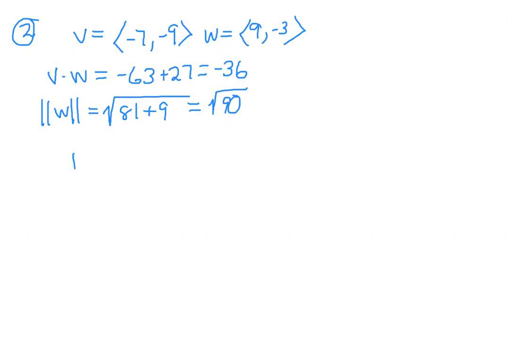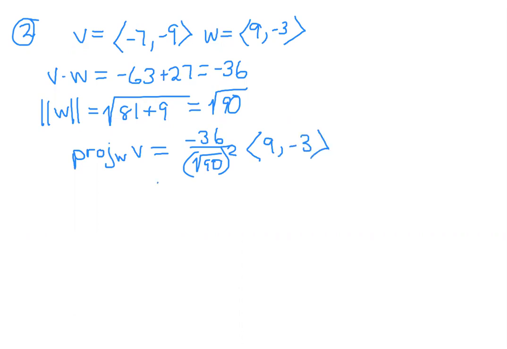So our projection of V onto W is negative 36 over the square root of 90 squared. See why you don't ever want to reduce that? Because you're just going to square it. Times W. So what does this reduce to? Negative 36 over 90 reduces to negative 2/5.